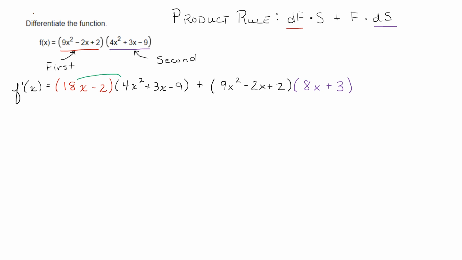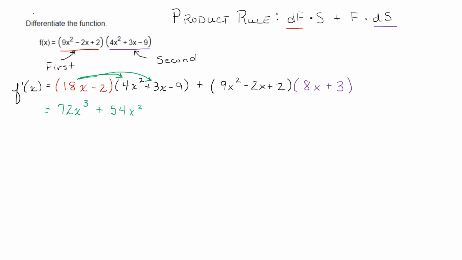So 18x times 4x squared, 18 times 4 gives me 72, and adding the exponents gives me x to the third. 18x times 3x gives me a positive 54x squared.